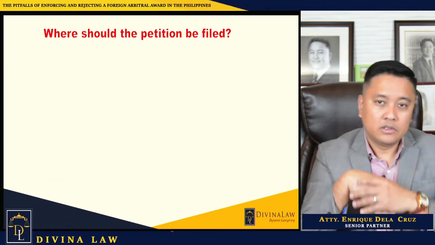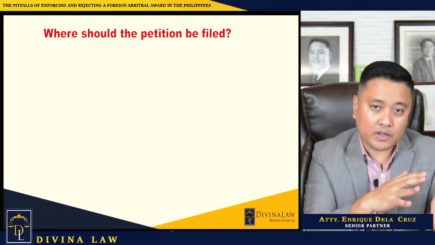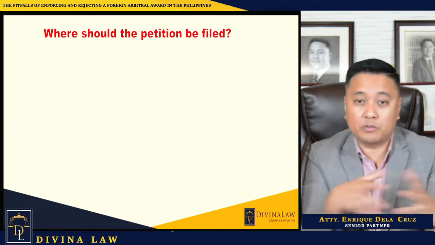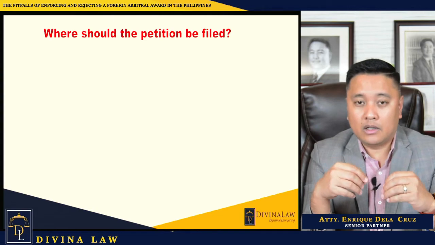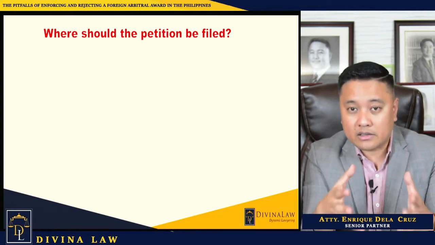Now, assuming that you will file a petition to enforce, or in the alternative, you're the losing party and you would want to preempt it, you would want to file a petition to refuse recognition or to reject the enforcement.